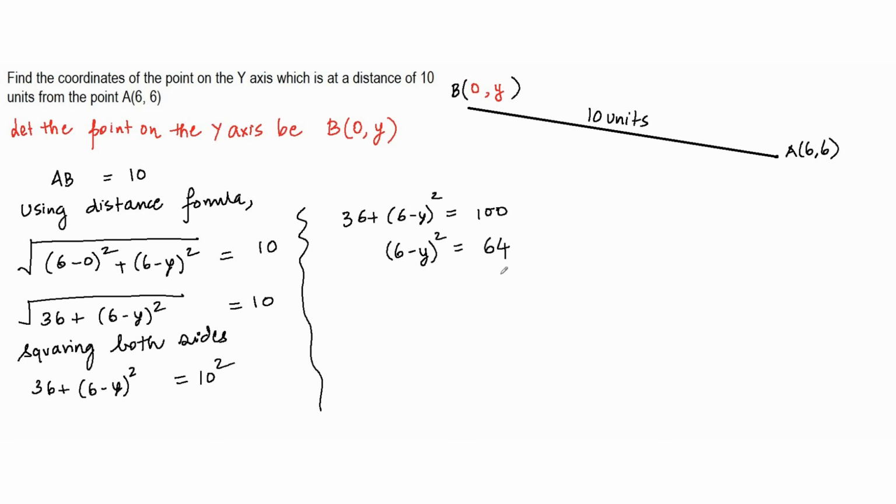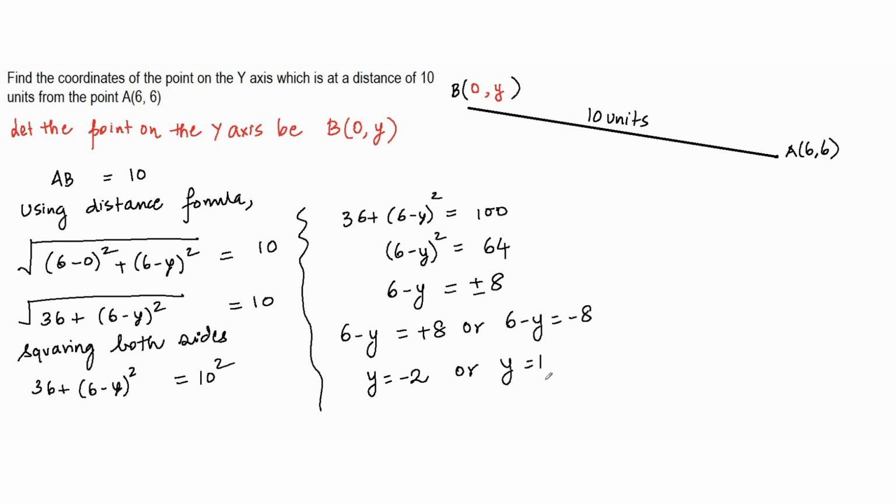Which means (6 − y) the whole square is equal to 64. Now you have two options here. One is you can either expand (6 − y) the whole square and then solve the quadratic equation, or I can directly find the square root on both sides. So I get 6 − y is equal to plus or minus 8, which means either 6 − y is positive 8 or 6 − y is negative 8, and therefore y becomes −2 or y becomes 14.